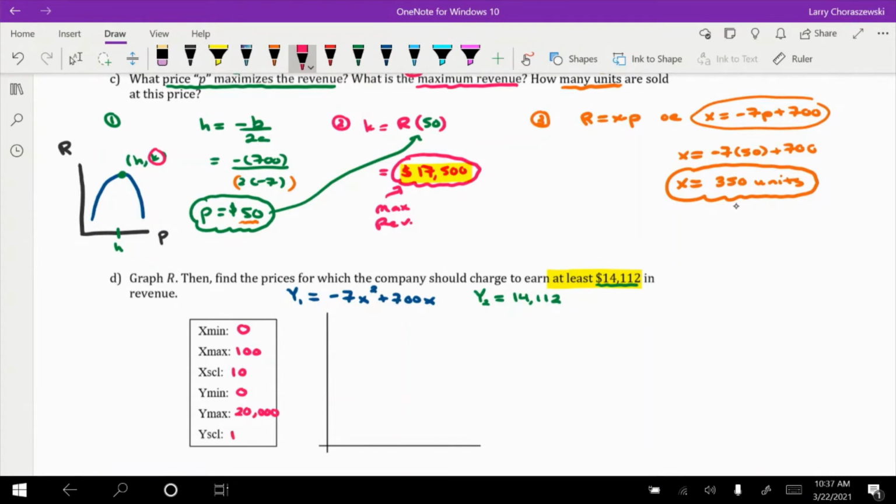And if we want, we can go by 1,000s on the y-axis. Okay, so go ahead and take a moment to type these two equations into your graphing calculator, as well as make these window setting adjustments, and I'll do it alongside of you guys.